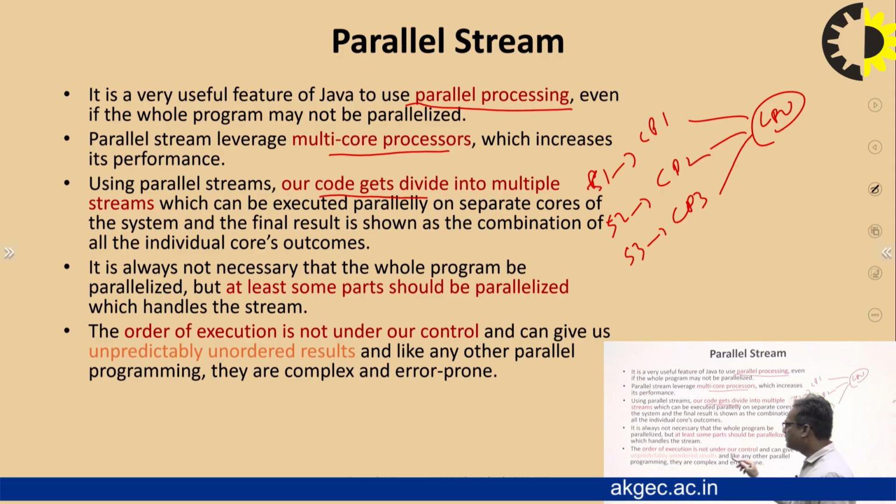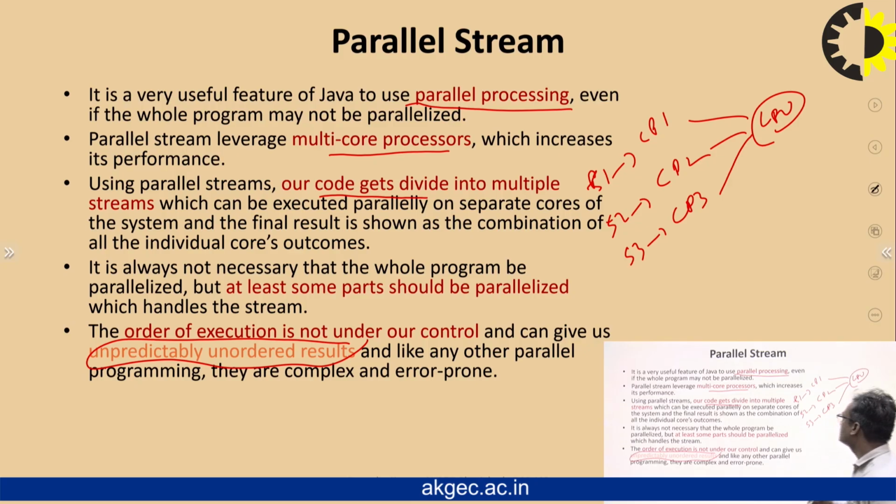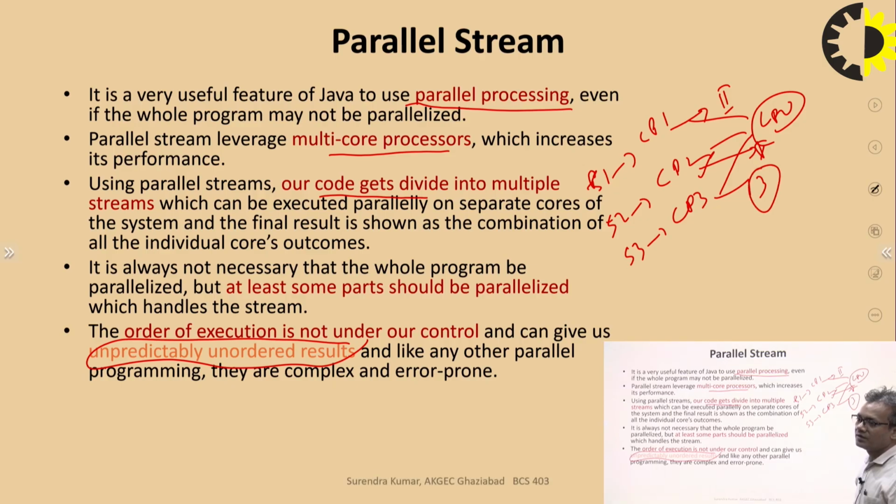So it has some unpredictable, unordered result, because maybe this one will give you the result first, then this will give you second, this will give you third, in the same manner.